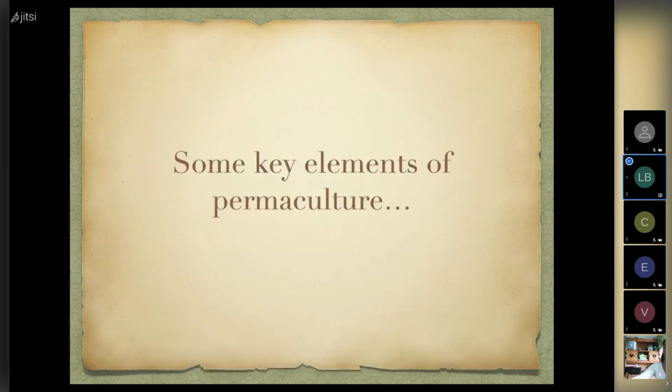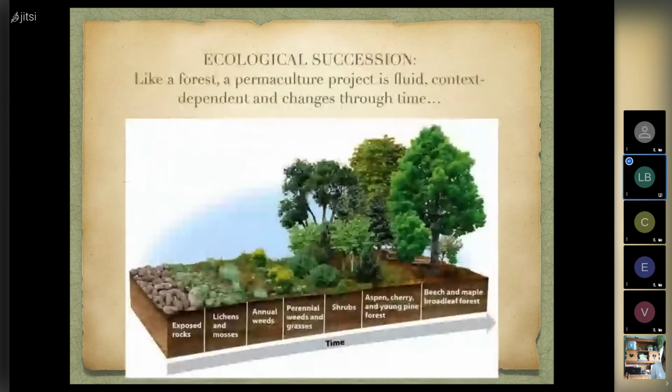So just to kind of recap some key elements of permaculture, a really important one is ecological succession. So in a forest or in any ecosystem, there's always a process of succession that's happening, which is the sort of maturing of the ecosystem from the very first stages all the way through the development of a mature system that sustains throughout time.